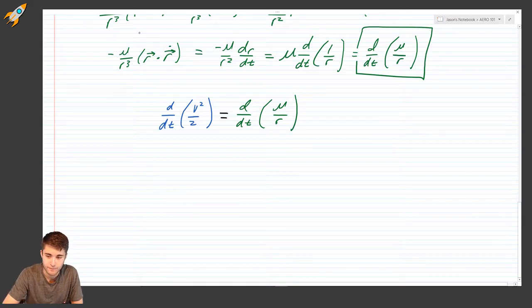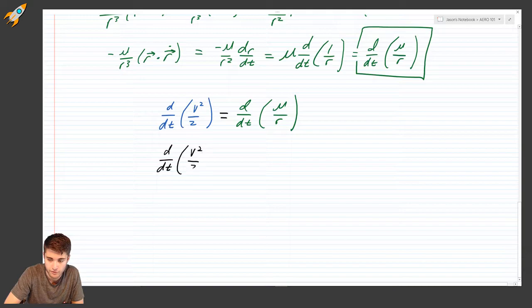And what we can do is move everything over to one side. So d over dt of v squared over 2 minus mu over r is equal to 0, because we just subtracted this over to this side.